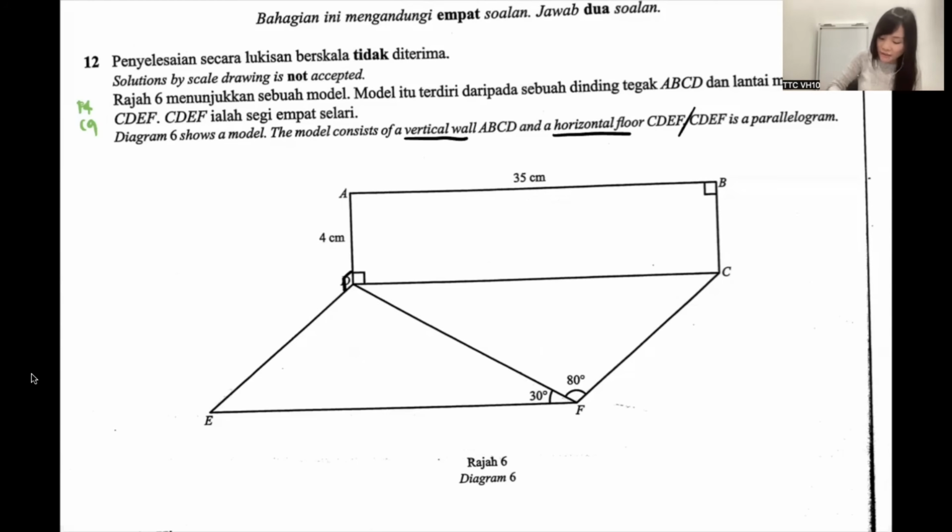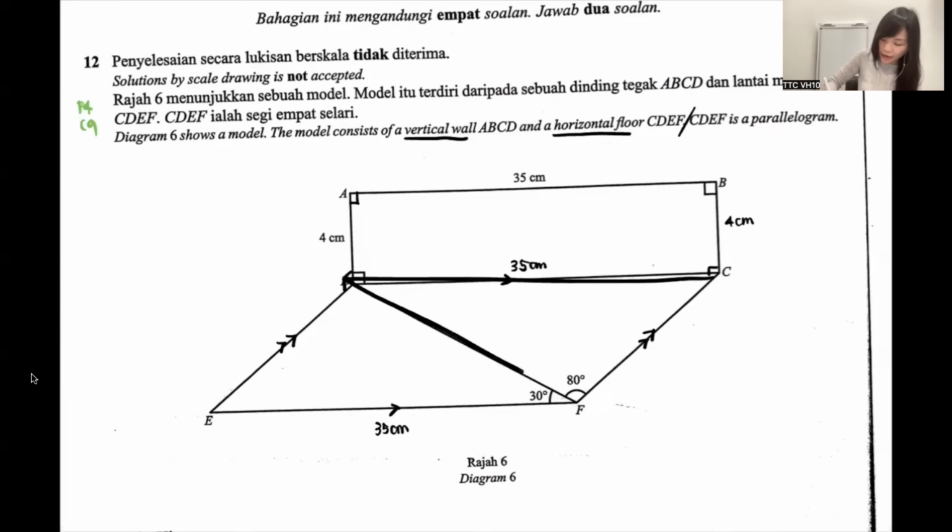So they say CDEF is a parallelogram. So here and here are definitely parallel, and here and here are definitely parallel. If it is a parallelogram and the top one is quite obvious at 90 degrees, isn't it that here also 90 degrees, here also 90 degrees? So this one is 35 cm, and this one is 35 cm. The left one is 4 cm, and the right one is 4 cm. I just try to write every single thing I'm able to write. There's a line here, isn't it?